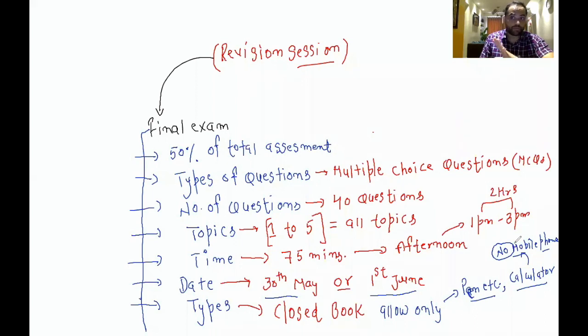So you have to bring a calculator, of course, because in your exam you're going to see some small calculation questions. I will talk later about which type of questions you're going to see in your exam.